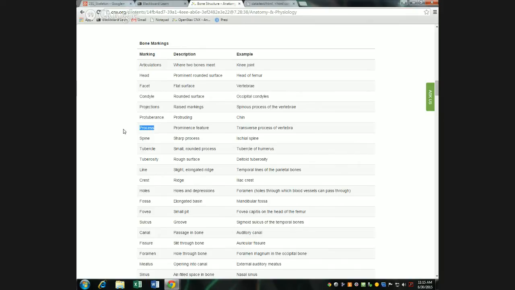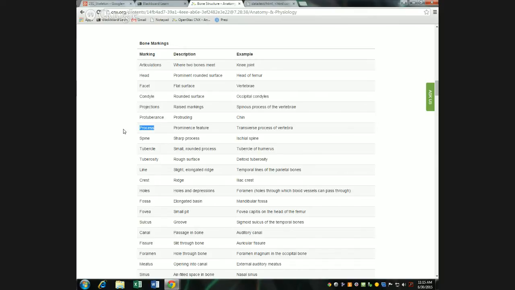So I want to talk a little bit about bone markings and specific bones here. So let me hand this out, which is a list of the bones of the skeleton. And these are the things that you need to sort of use for study.